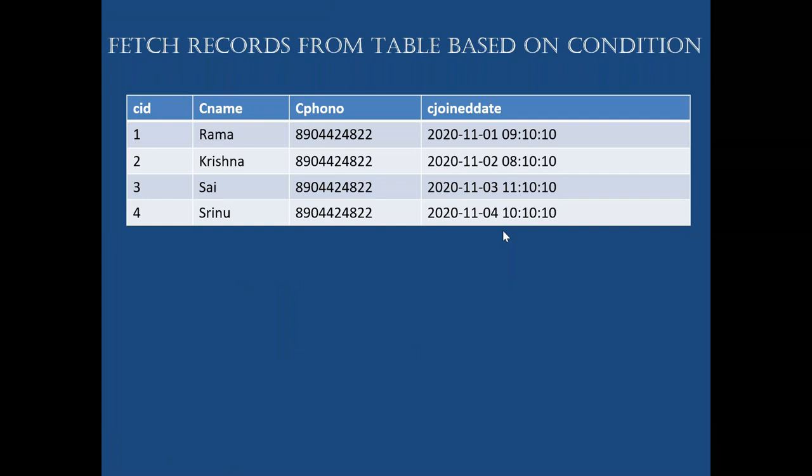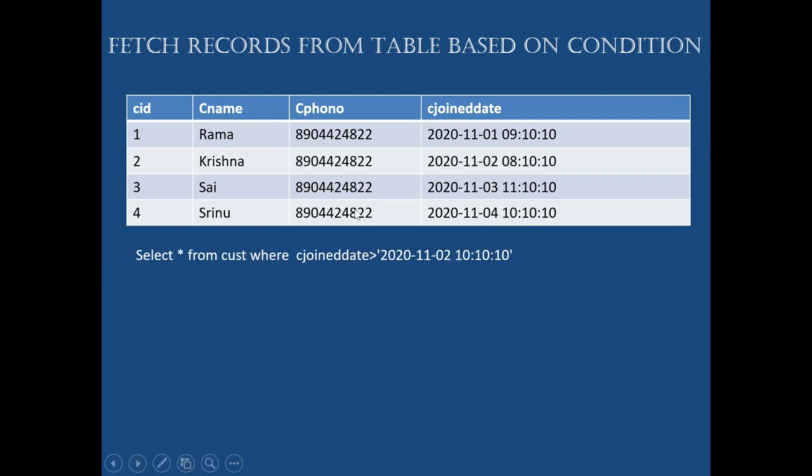For example, if I put one condition, select star from first table, and I am additionally adding one condition where CID greater than 2. CID greater than 2. How many records will come in the output? 2 records. What are those? 3 and 4.